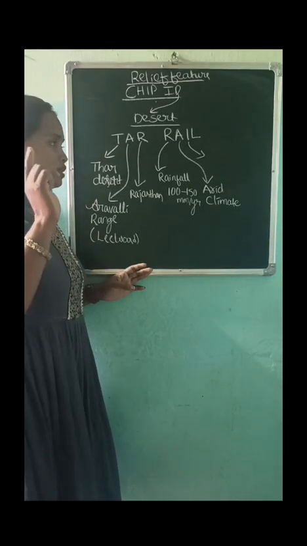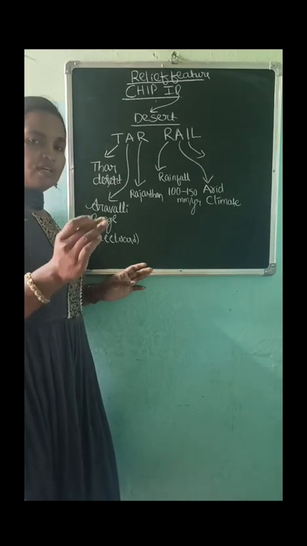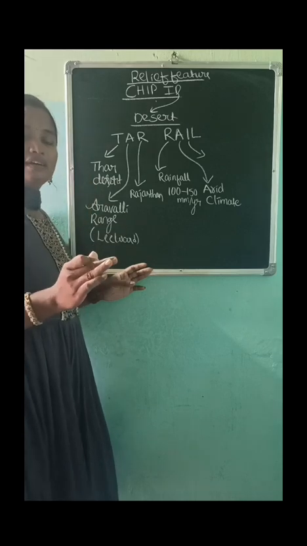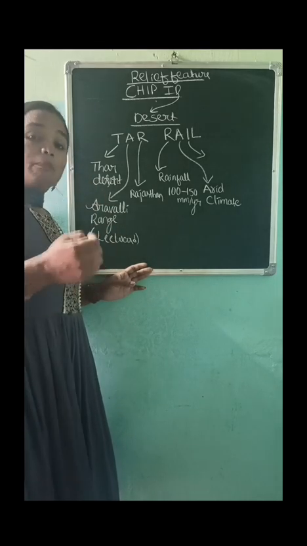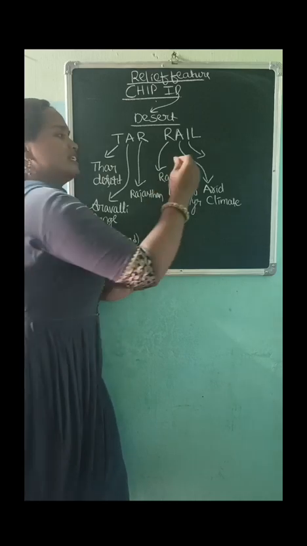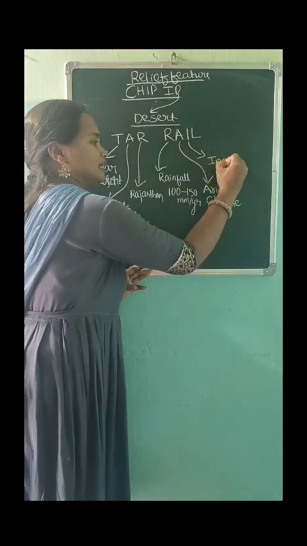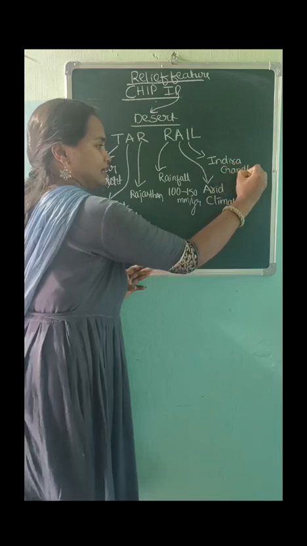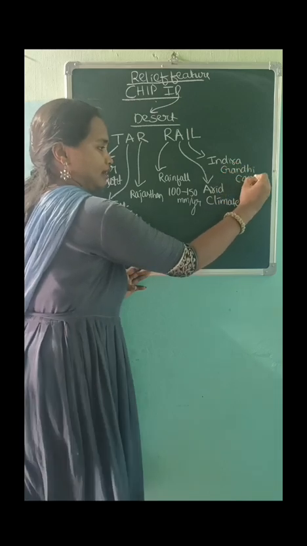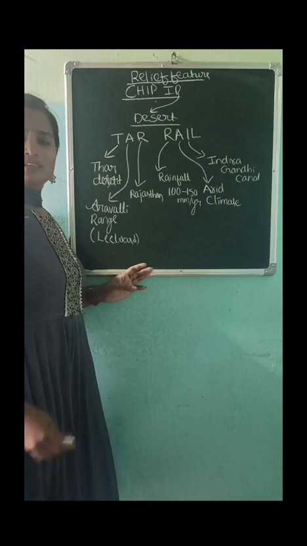Even though there is not much water source and not much rainfall in Rajasthan, they are cultivating crops by using a canal, the Indira Gandhi Canal. It is the longest canal in the entire India.